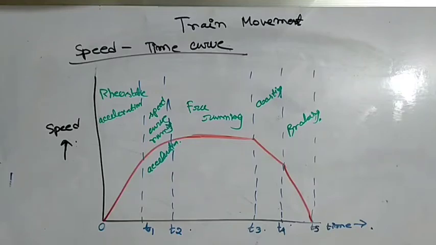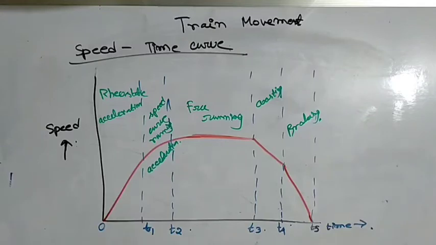And similarly with suburban service where there is relatively longer distance between stations, the coasting period is longer but free running period is again absent, and in order to have frequent service of trains, high values of acceleration and retardation are required, and typical values recommended are 2.5 km per hour per second and 4 km per hour per second respectively.